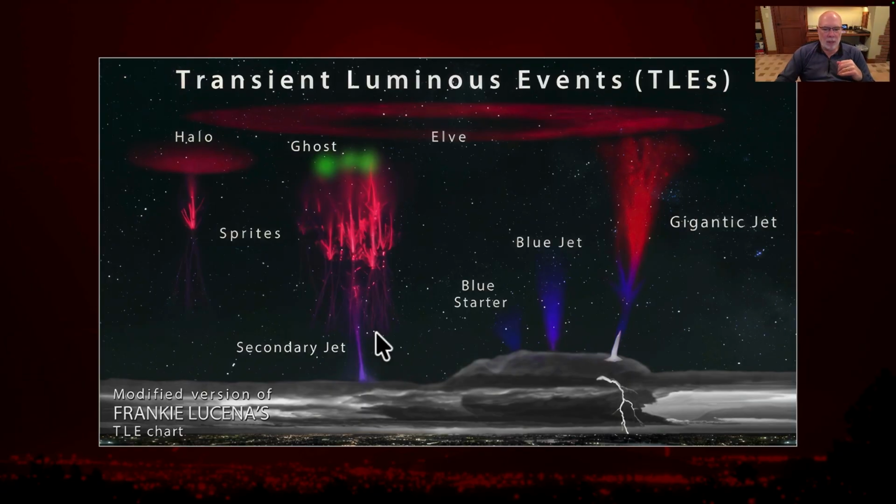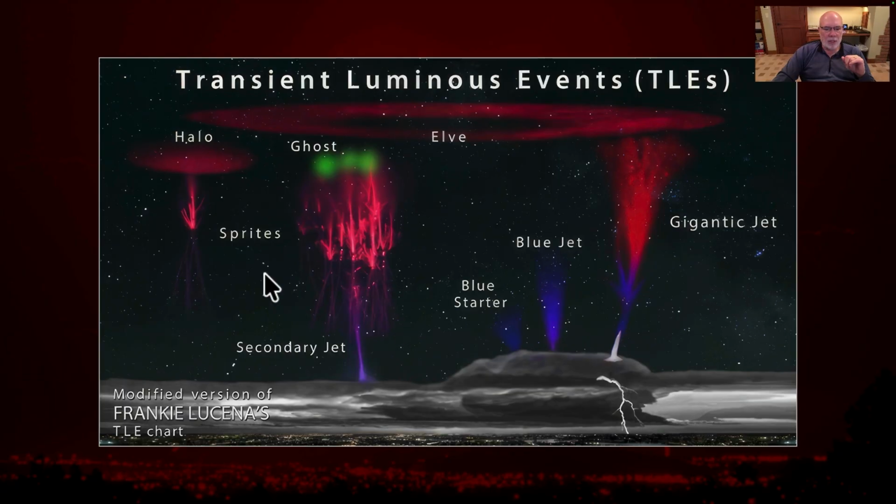Essentially, the proposal that was made in the literature was that when you have an intense sprite, you are moving charge. You have an upward movement of electrons towards the positively charged ionosphere. You have a downward movement of positive charge due to that upward movement of electrons.